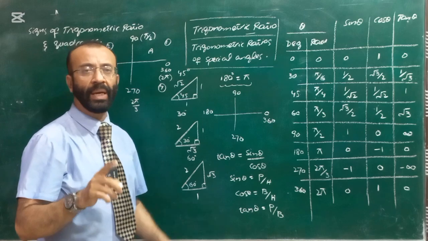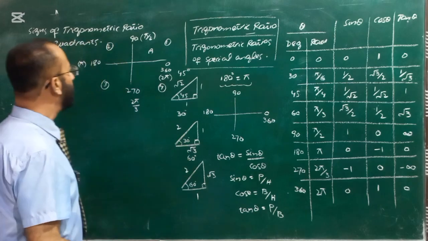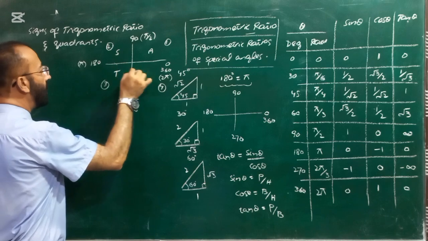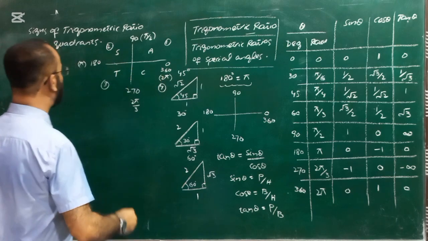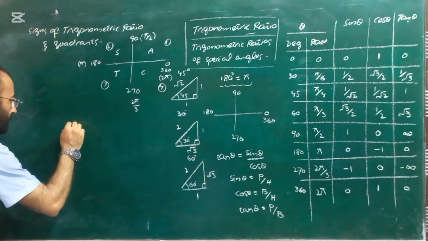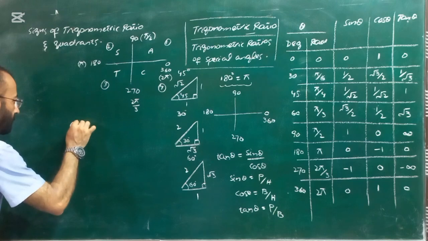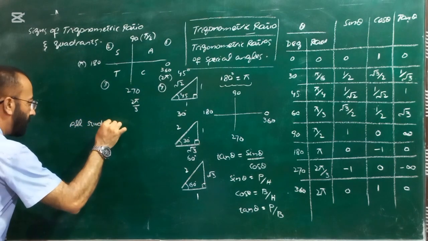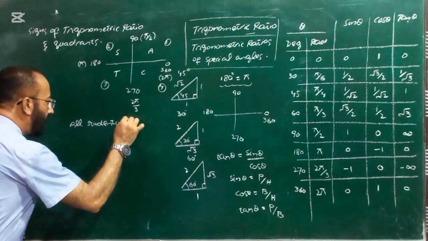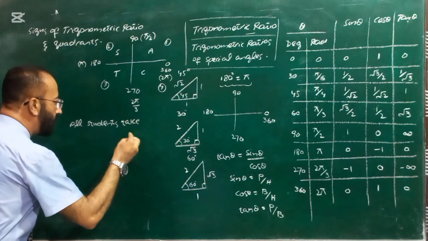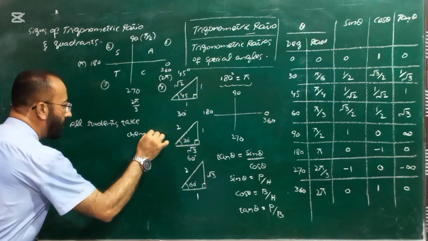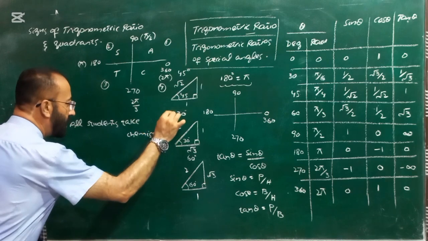So first, learn one sentence, that is, all students take chemistry. So I'm writing this sentence over here. All students take chemistry. So this is the sentence.